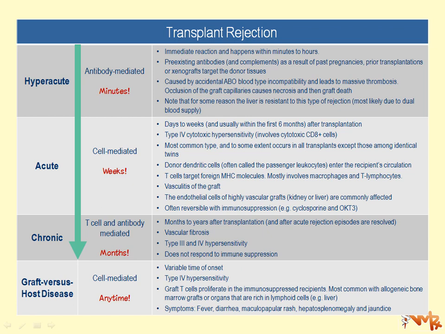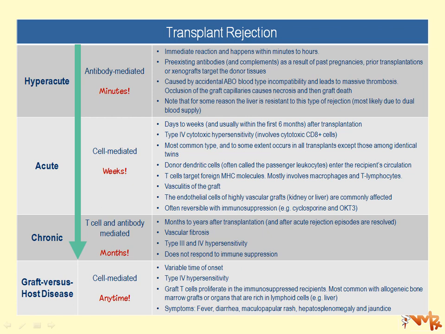The major pathological finding is vasculitis of the graft. The endothelial cells of highly vascular grafts, such as kidney or liver, are the more commonly affected grafts. These types of graft rejections are often reversible with immunosuppression, such as OKT3.